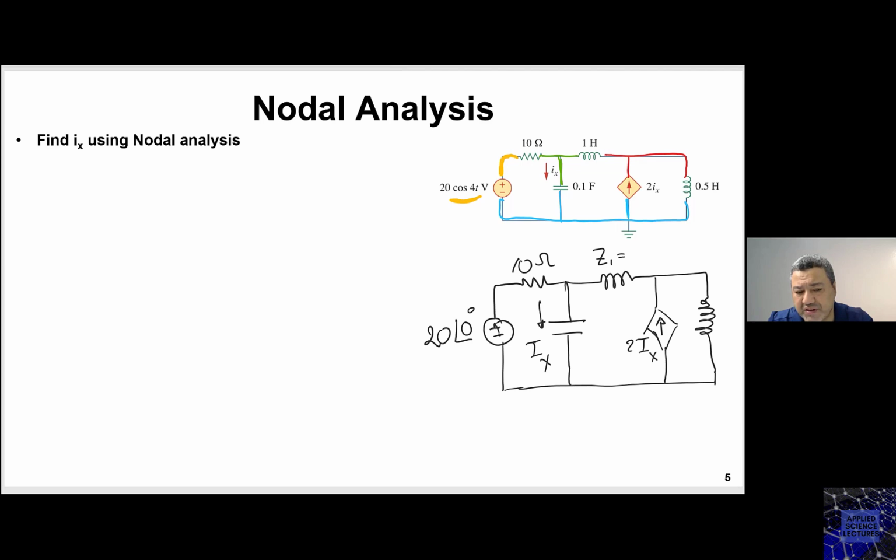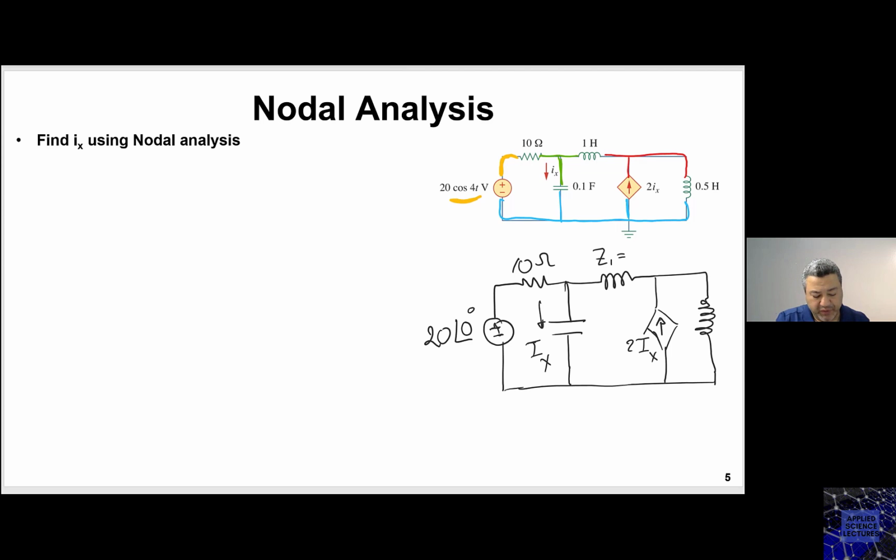It is repeating itself. It's not a transient. You go from a DC state to a DC state. Here you are within an AC steady state. So we use the impedances.